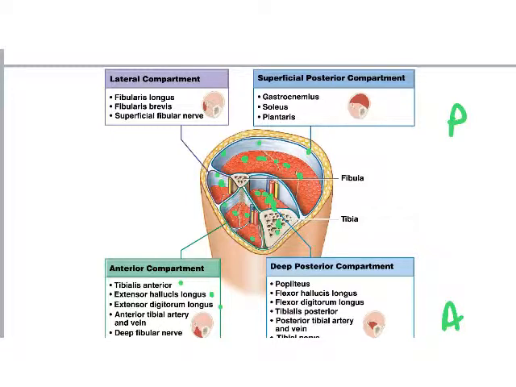So what has happened with Jerry is that the muscles in the anterior compartment are being squished. So there's fluid that has developed in here, probably from the fracture of the tibia. It has caused some bleeding and fluid to fill the space, and that is putting pressure on those muscles.